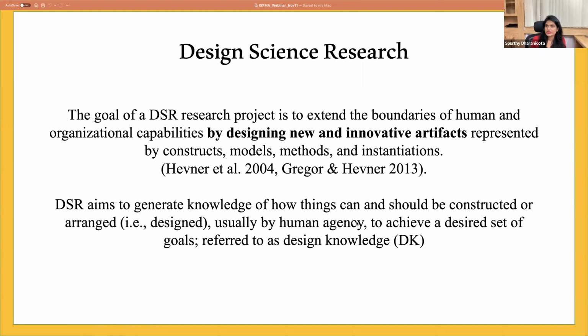So the knowledge that is generated by this research project is defined as design knowledge. And that's an important or a huge part of design science research. So you develop a product, you design a product, but what is it contributing to, or how is it contributing to any organization or any problem that you want to solve, right? So that's the design knowledge that we're talking about.